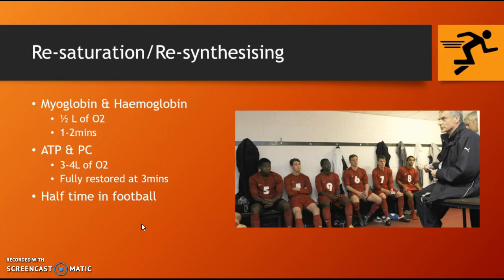An example of this would be half-time in football. We use the break in half-time to restore our ATP and PC, and also resaturate our myoglobin and hemoglobin so that oxygen can be sent to the working muscles a lot quicker during the exercise.